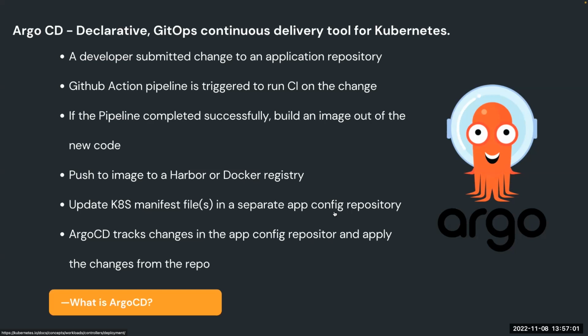So the way it works, again, you submit the code to your GitHub, and if you have a CI GitHub Action, it will just trigger the pipeline and will build the image and push to Harbor. And once it's pushed to Harbor and the Kubernetes manifest, for example, if you have Argo Image Updater, it will update the manifest, and Argo CD will go pull and deploy it to development, staging, and up to production.